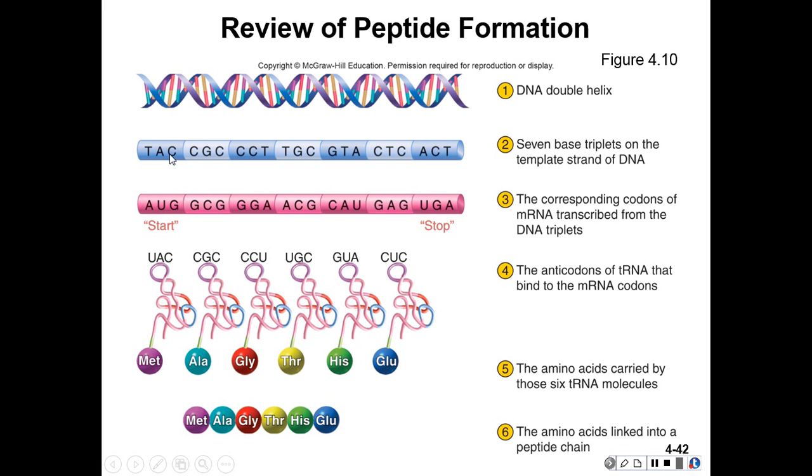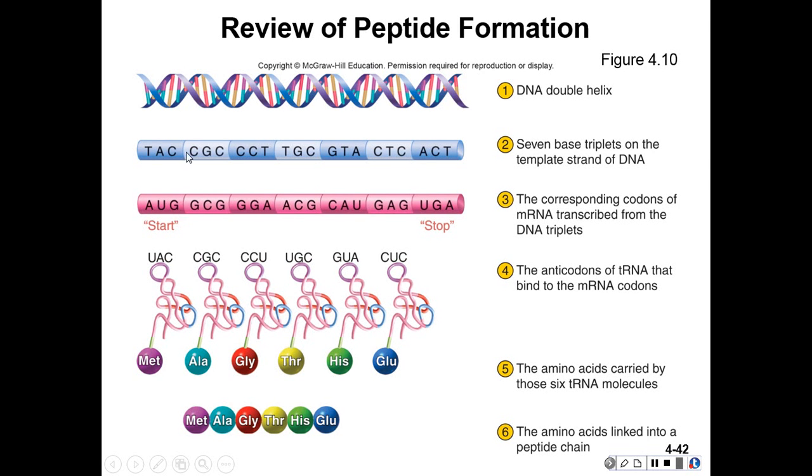We know that TAC is our signal for the polymerase to come along and start reading. It is our start. So once it reads TAC on the DNA, it knows, okay, this is where we need to start, and it starts coding, and this would be the very first codon, AUG.